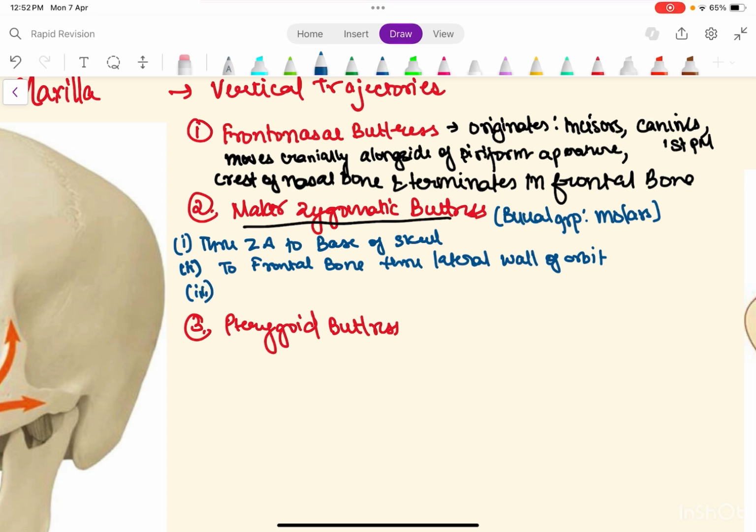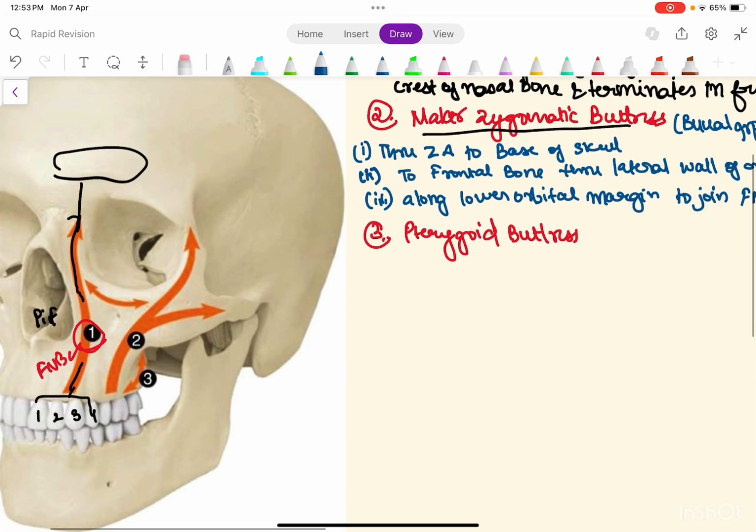Third is along the lower orbital margin to join the frontonasal buttress.